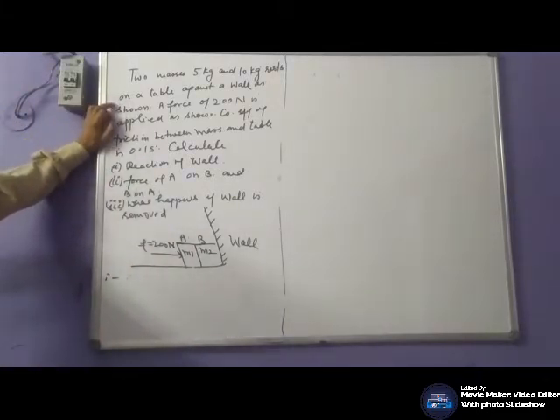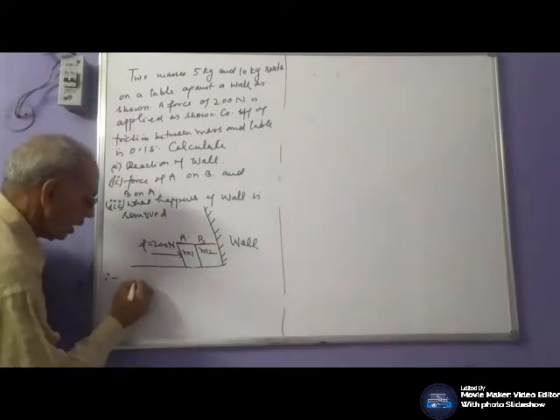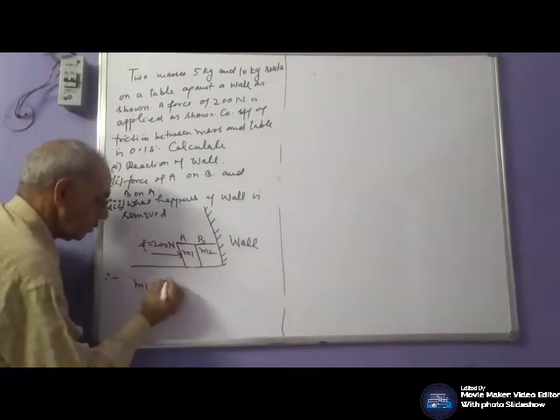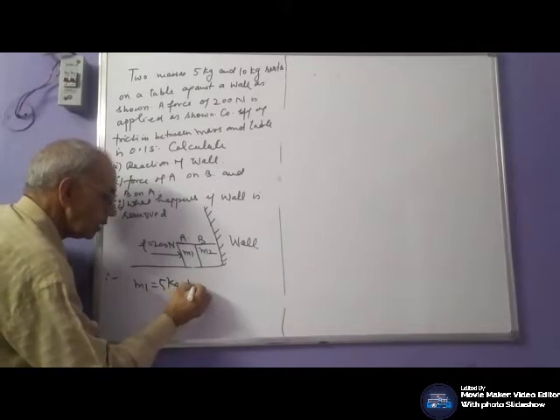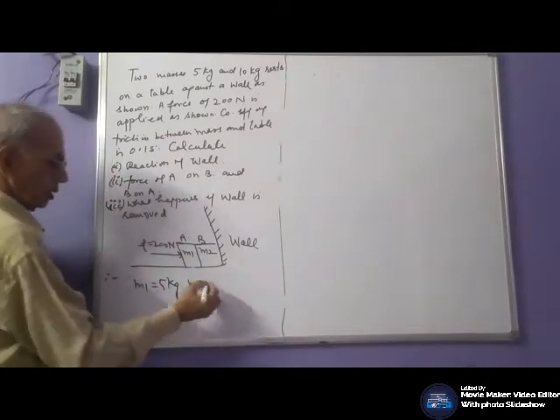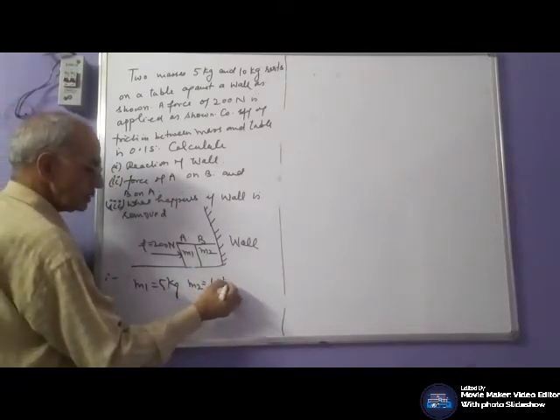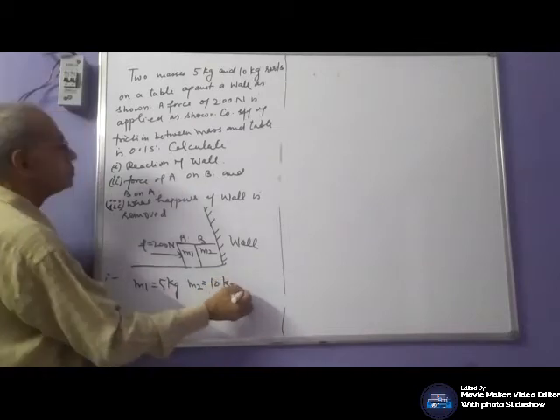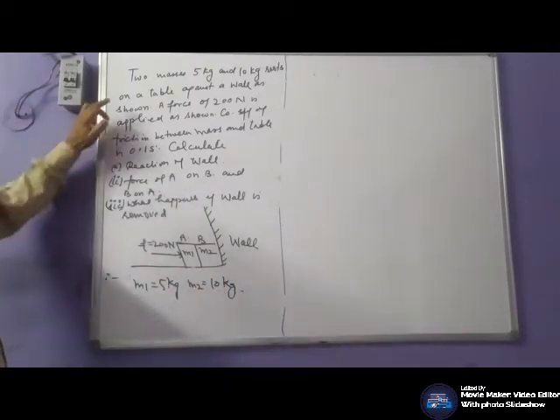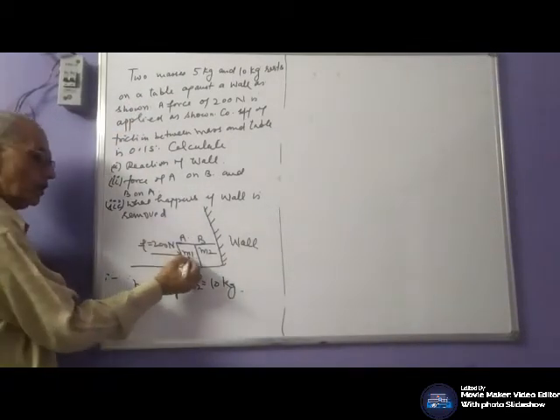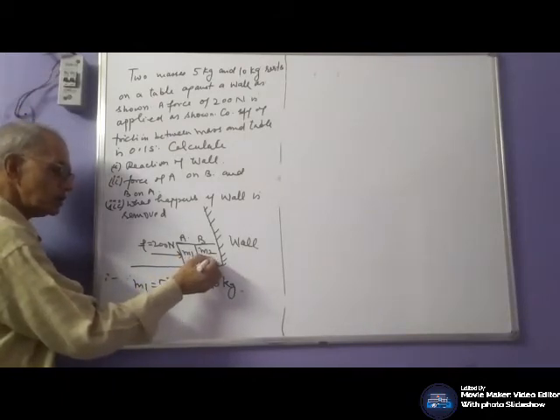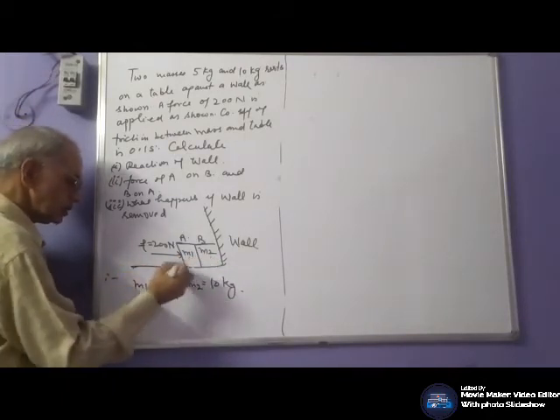Two masses, M1 5 kg, M2 10 kg, rest on a table. This mass, they rest on this table. This is the table.